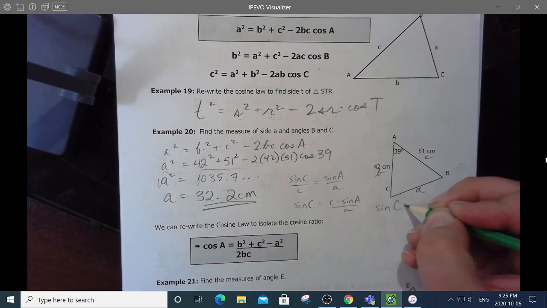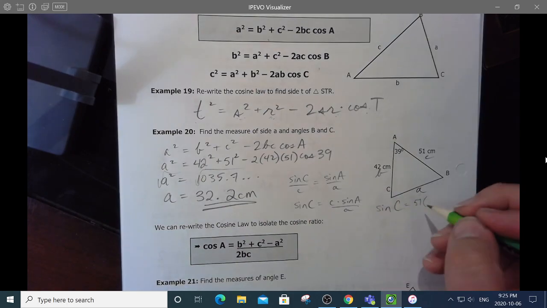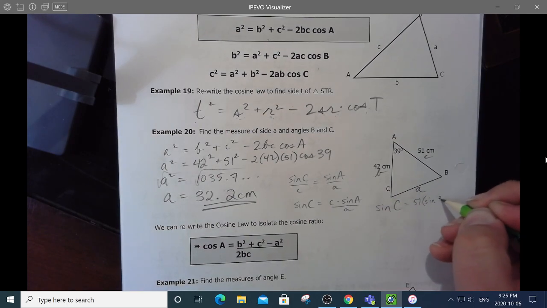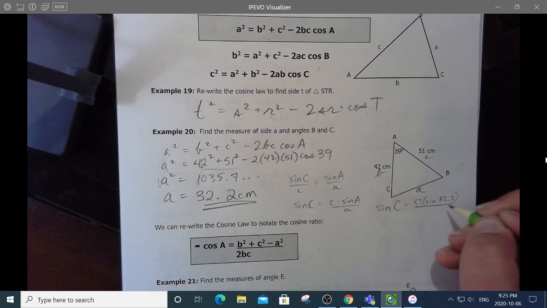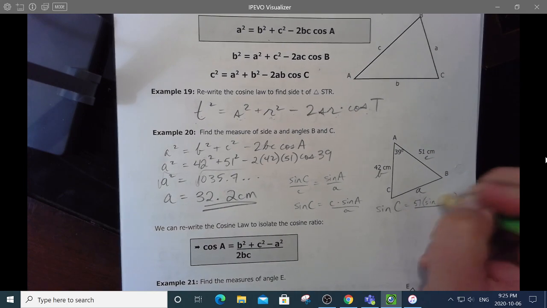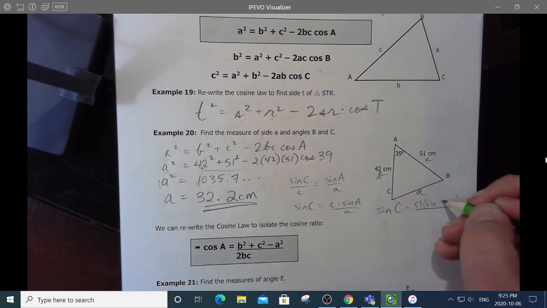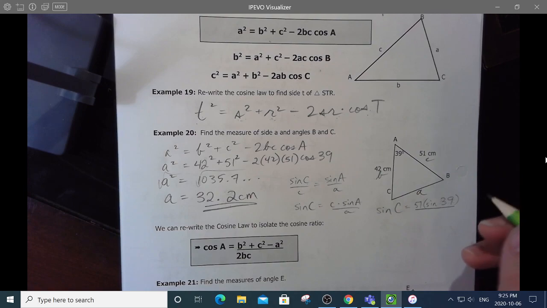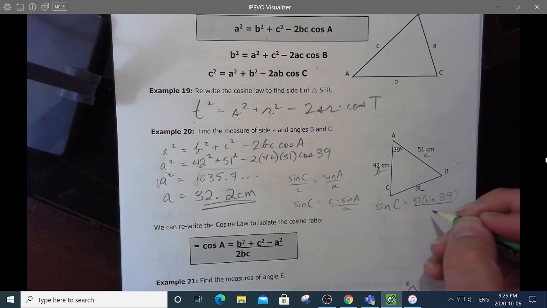The sine of angle C is, let's see, 51 is side C, times the sine of angle A, which is the sine of 39, divided by side A. Sorry, I want the sine of 39. Thank you. Almost goofed that up. Side A goes down here. That's the thing I just found, 32.2 and change.